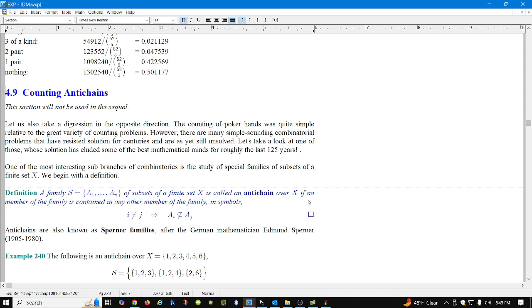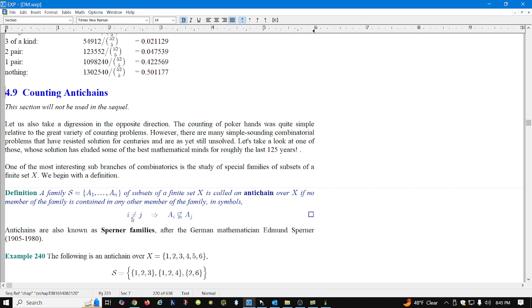And that's what an antichain is. It's a special family of subsets. Here's the definition. A family script S of A1 through An of subsets of a finite set X is called an antichain over X if no member of the family is contained in any other member of the family.